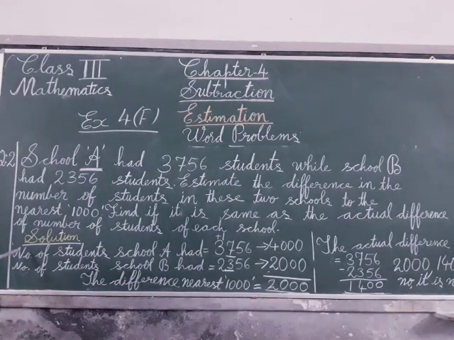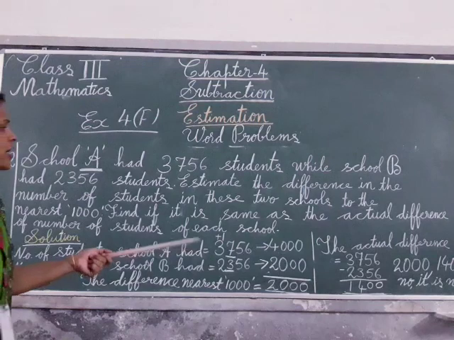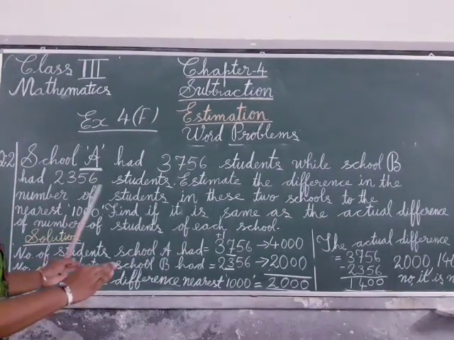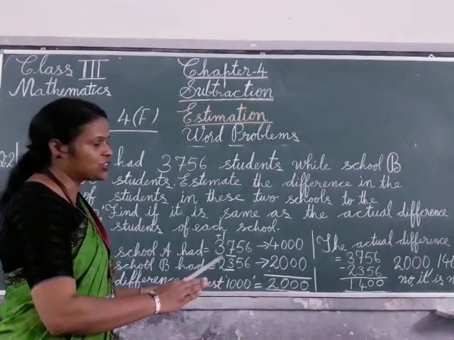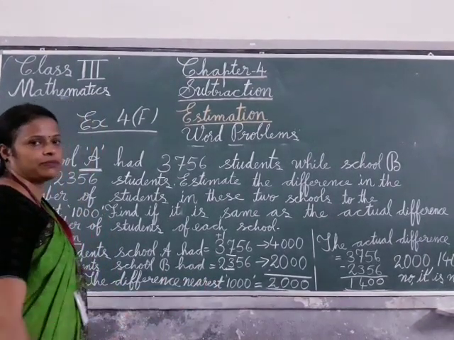You can see the steps and the solution. We are getting the difference nearest 1,000 as 2,000. The actual difference we are getting as 1,400. So both the differences are different. So we can say no, it is not the same.